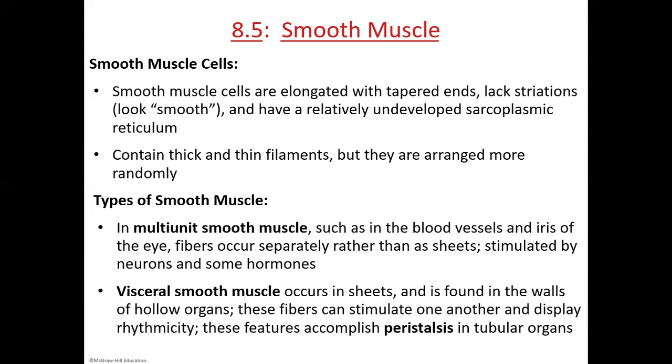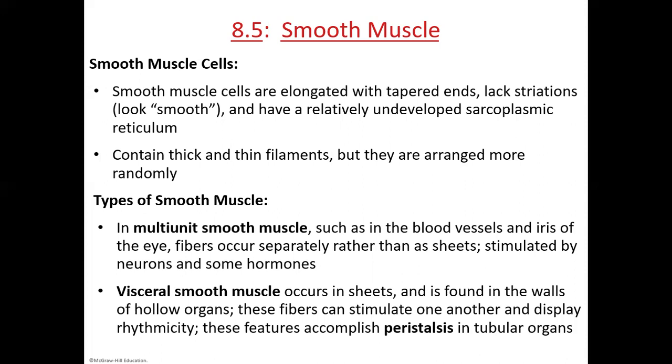There's also visceral smooth muscle. So visceral is more like your traditional organs that you would think of when you think of organs, like the bigger organs. These occur in sheets, and it's found in the walls of your hollow organs. So this would be, like I just said, your esophagus, stomach, and intestines, amongst others. These fibers can stimulate each other and display rhythmicity.